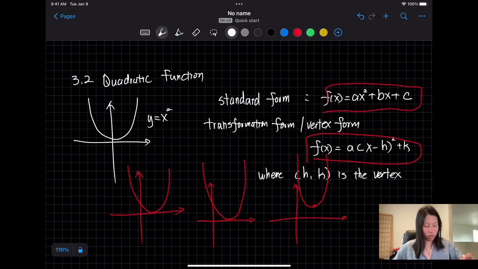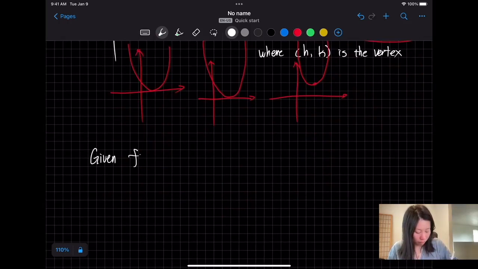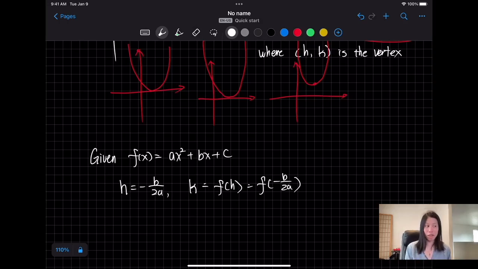Well, if you're given a function f(x) equals ax squared plus bx plus c, the vertex is going to be h equals negative b over 2a, and then k, the y-coordinate of the vertex, you get by substituting h, the x-coordinate of the vertex, into the function and finding the value.